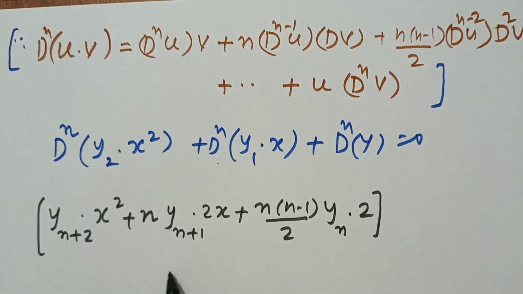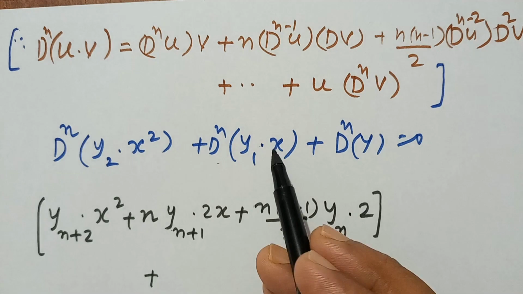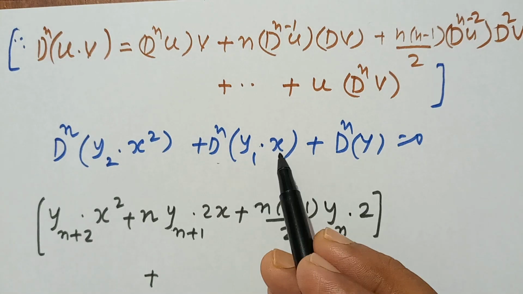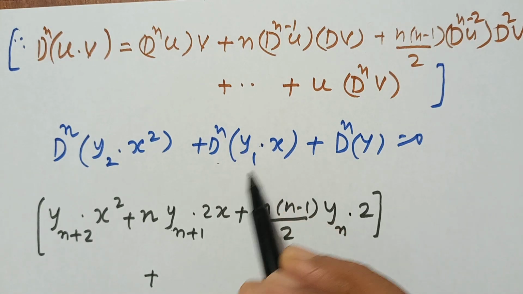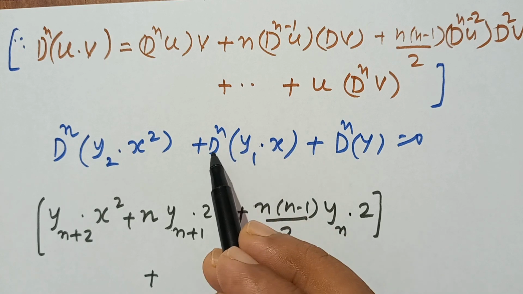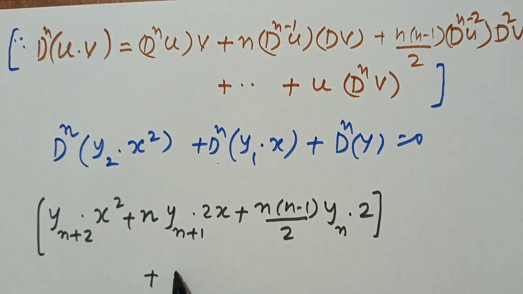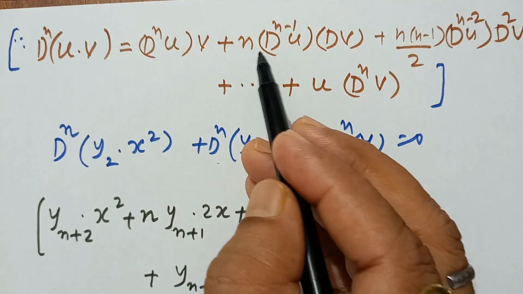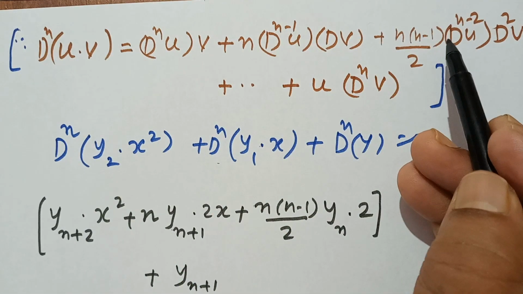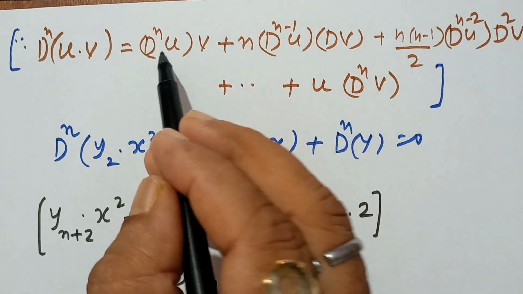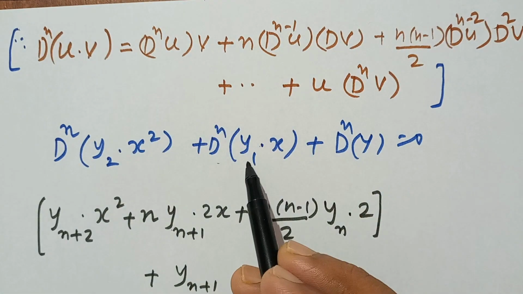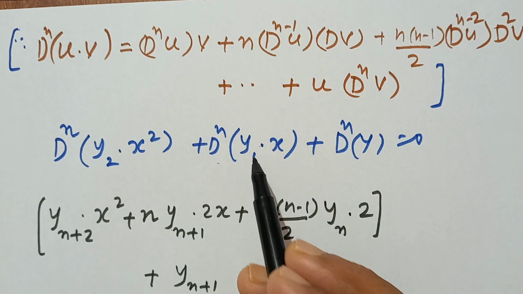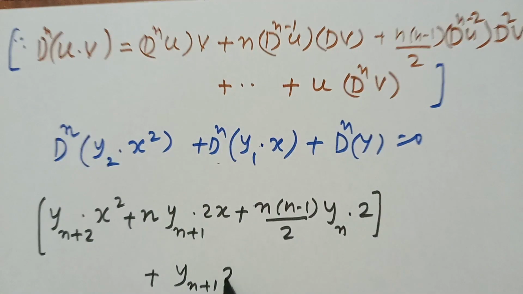Okay. Now for the second term, here this is u and this is v. So the differentiation of u, d^n u, is y(n+1), and v as it is, so x as it is.